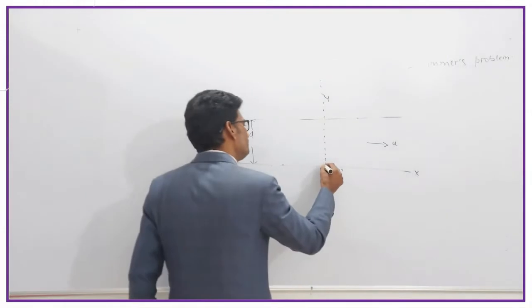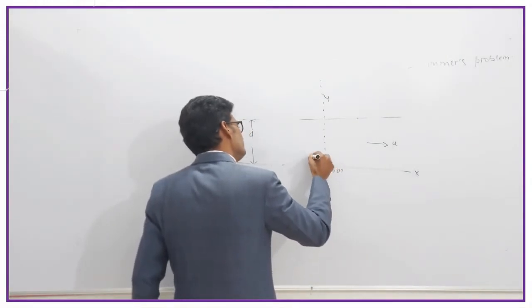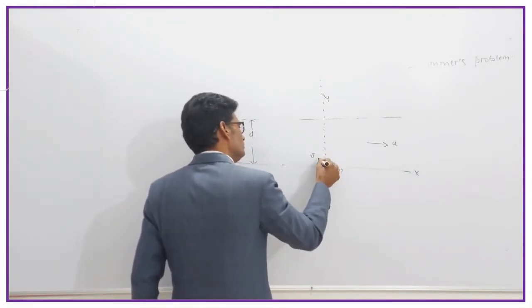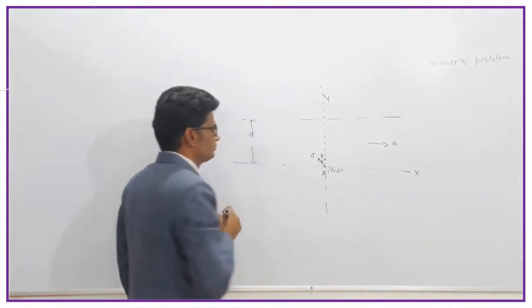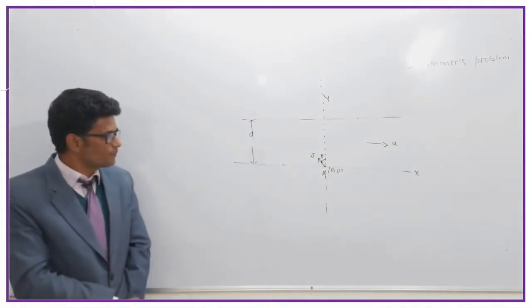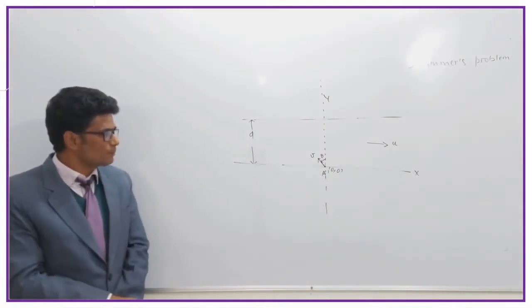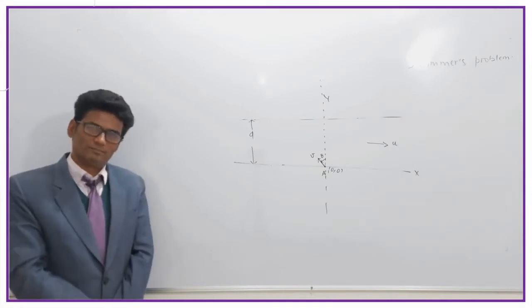Look at here. V is the speed of the swimmer with respect to still water.